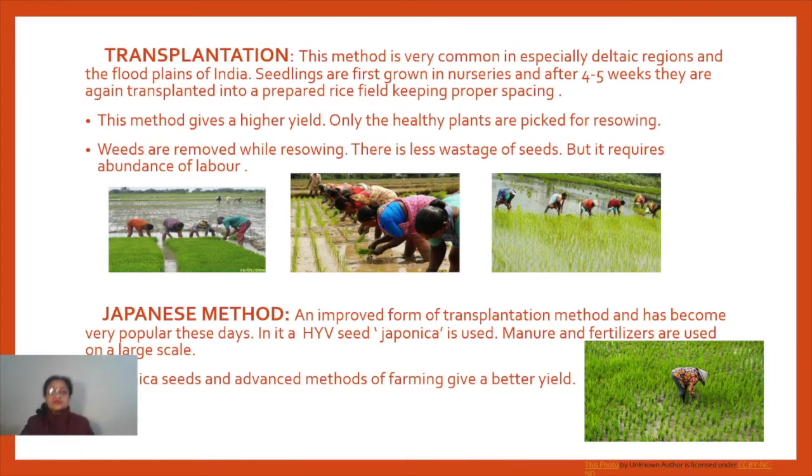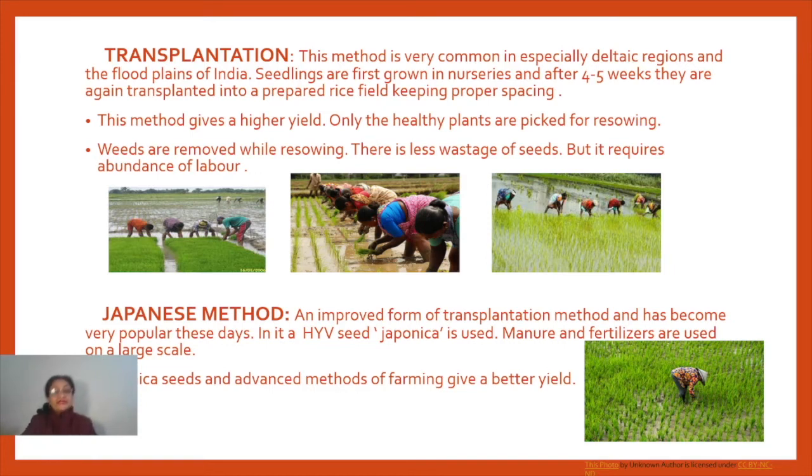This is why it is most commonly used in large areas where rice cultivation is done. Some other advantages: when we are taking out the seedlings from the nurseries, we can choose the seedlings according to their condition. Suppose an unhealthy seedling is there, we always take out the healthy plants from there.